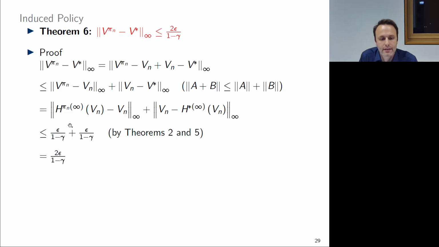And basically we do the same thing twice. So we have here this geometric sum again, and we have epsilon over 1 minus gamma plus epsilon over 1 minus gamma, and we see that 2 times epsilon over 1 minus gamma is then the difference between the value of the policy at iteration n and the true best value of the state.